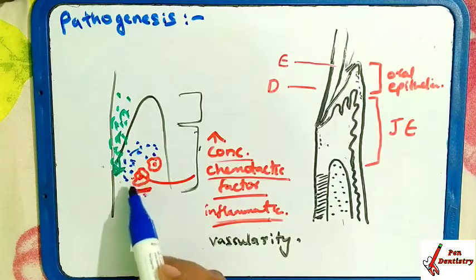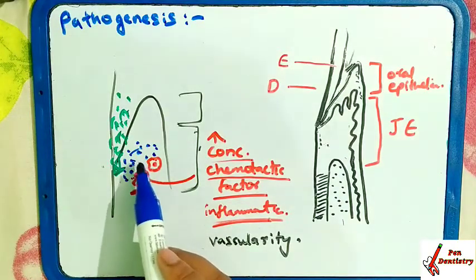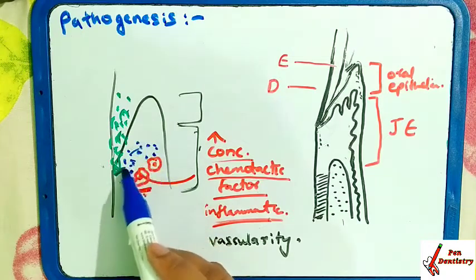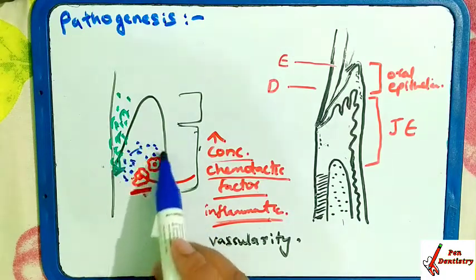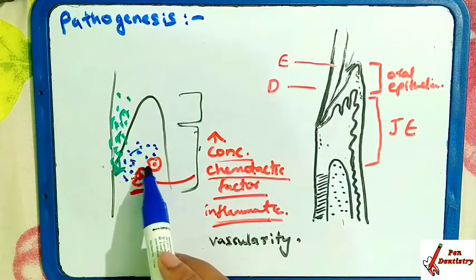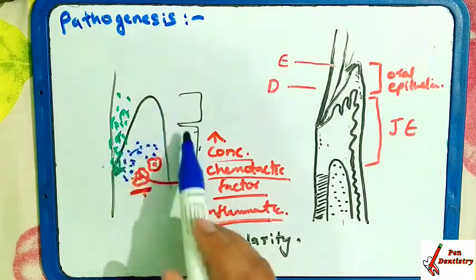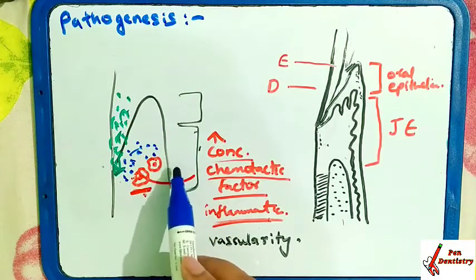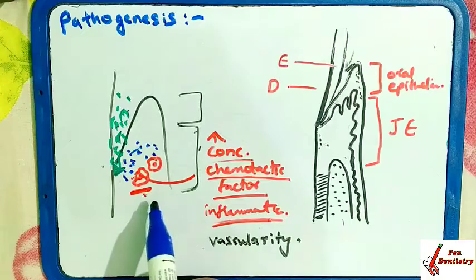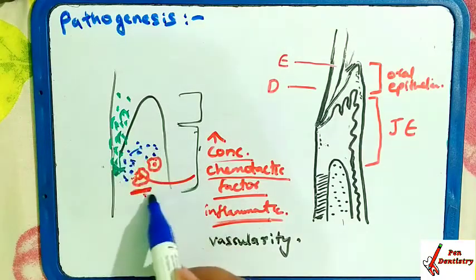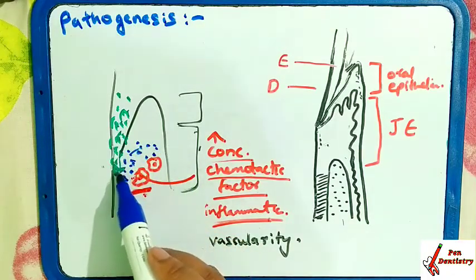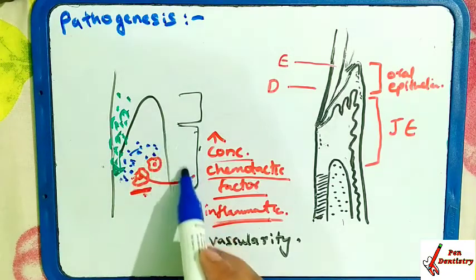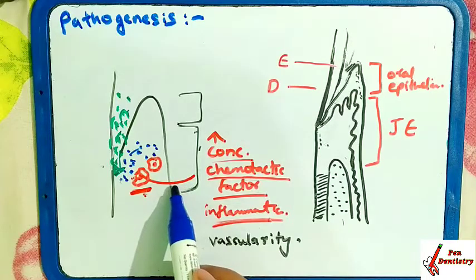Now the neutrophils have entered inside, but they have not yet accumulated in the junctional epithelium region. But this pocket epithelium is going to form a thick layer, the subgingival plaque, on the surface of this region. The bacteria has come to the deepened layer, and this has become the subgingival plaque area.